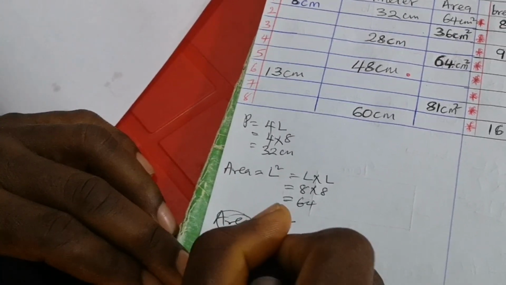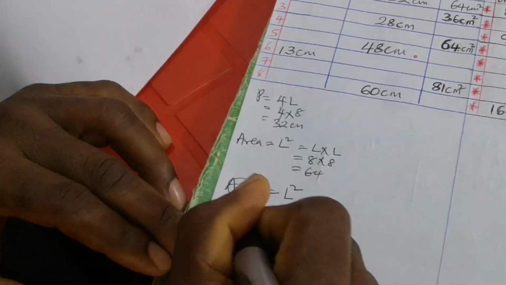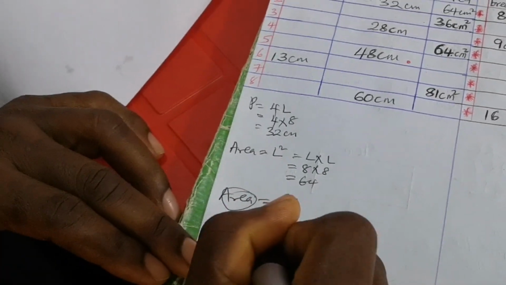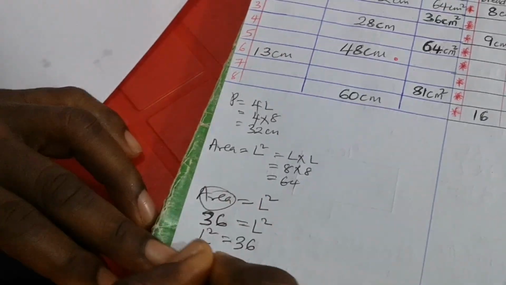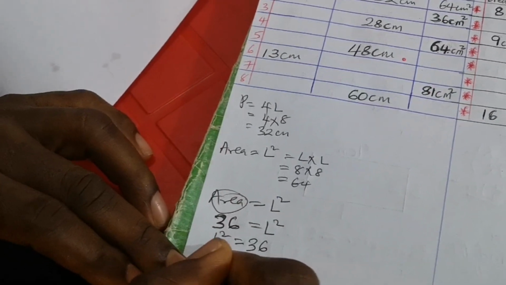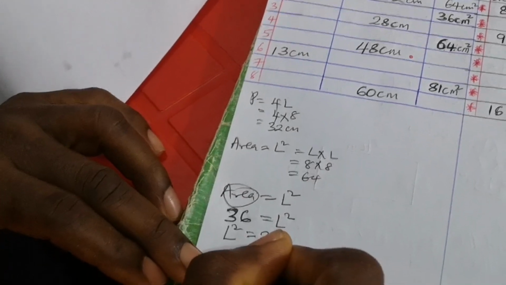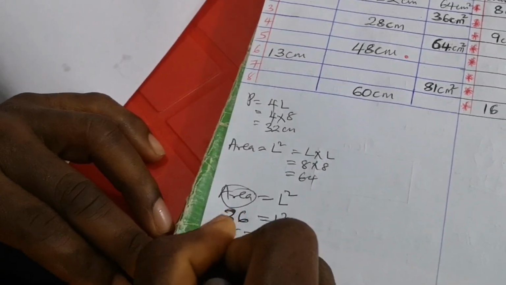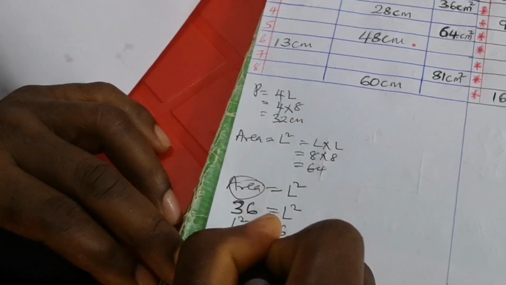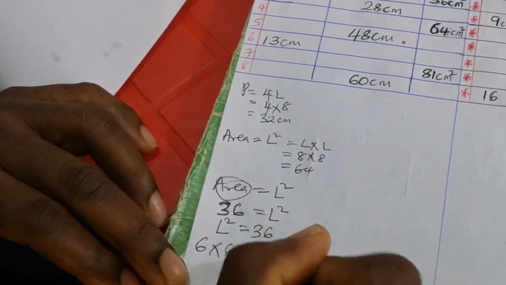So 36 is equal to L square. This L square means what number multiplied by itself will give me 36. If you watch very well, 6 times 6 will give me 36.